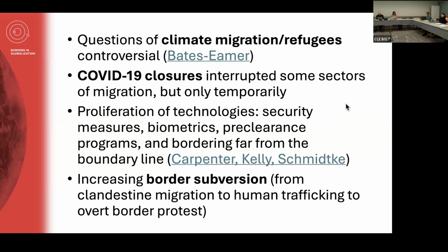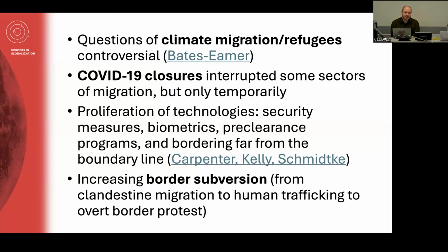In issues of migration management today, the question of climate change looms large. The issue of climate-induced migration or even climate refugees is something that academics and policymakers have been struggling with. And it's controversial because there are questions about just how many people are actually moving because of climate-related issues.